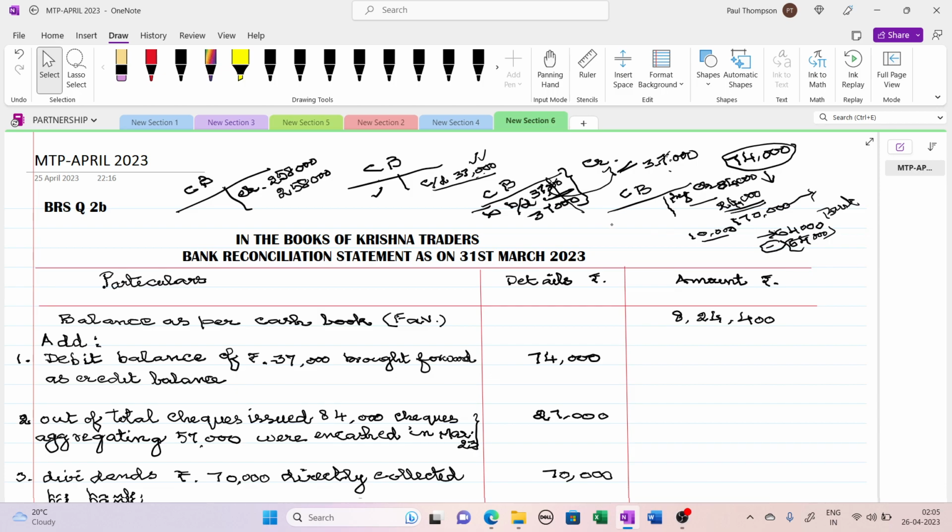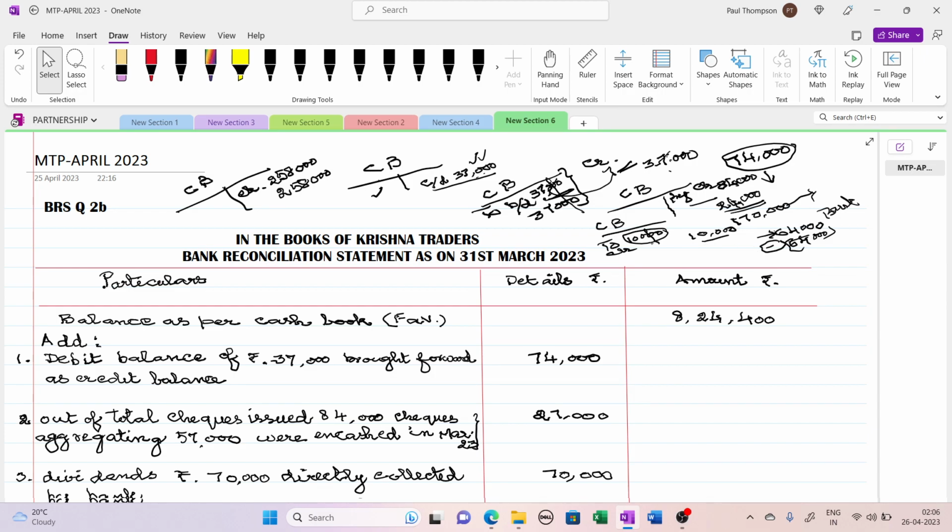So in the cash book, the moment I deposit the check, I would have entered on the debit side, because it was deposited by the Krishna Traders. To check, we have entered 10,000 rupees. But this check got dishonored by bank. But that dishonor is not known to me.